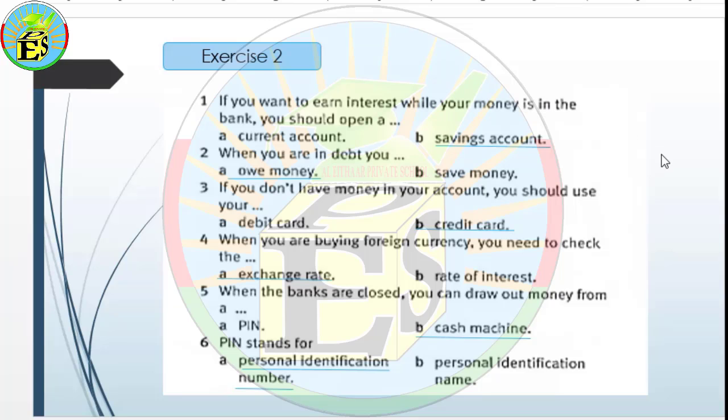If you don't have money in your account, you should use your credit card. Great. Number 4. When you are buying foreign currency, you need to check the exchange rate. Great. Number 5. When the banks are closed, you can draw out money from a cash machine. Number 6. PIN stands for personal identification number. Good job. Now let's go for the next exercise.